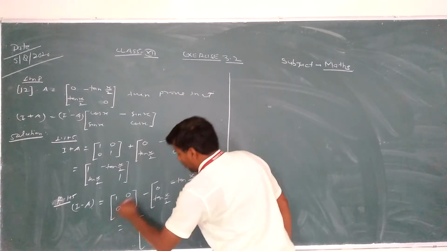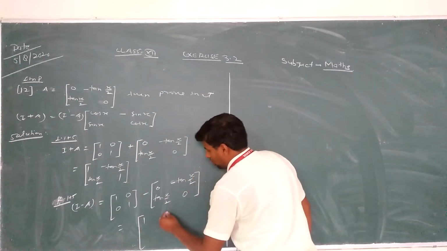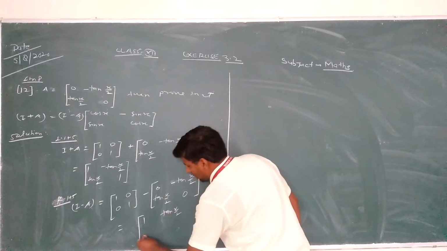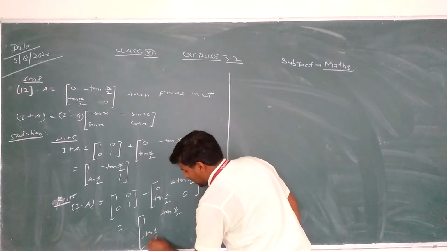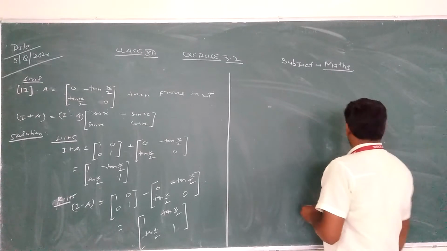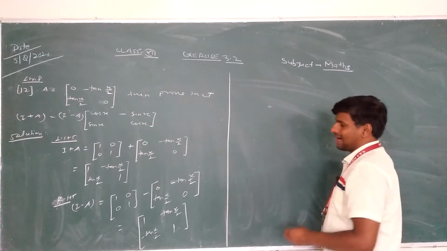Simplify: 1 minus 0, that is 1; 0 minus minus, that is tan(x/2); 0 minus tan(x/2); and 1 minus 0, that is 1. Thereafter we can take the complete RHS.